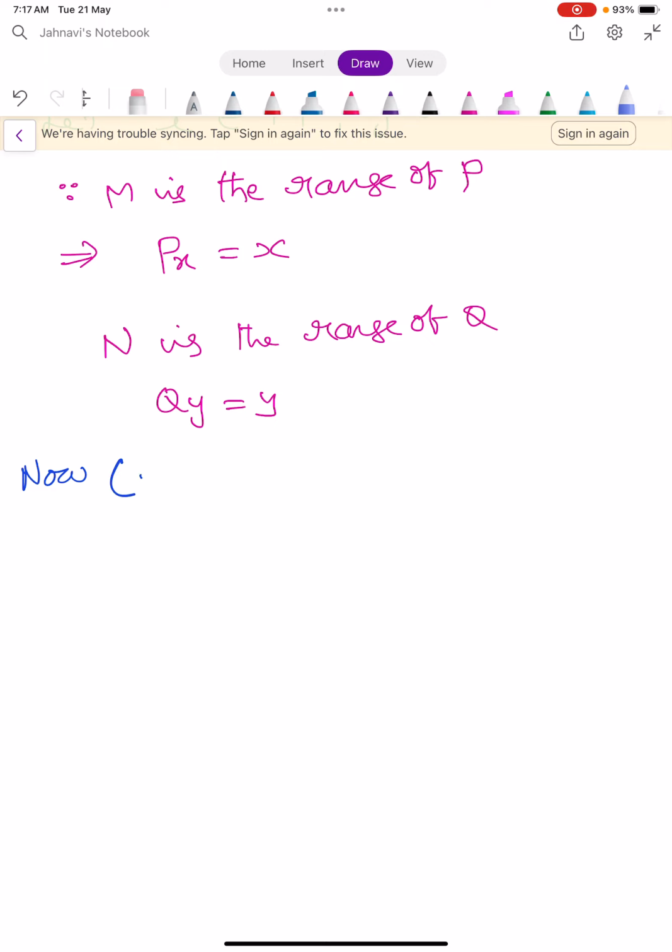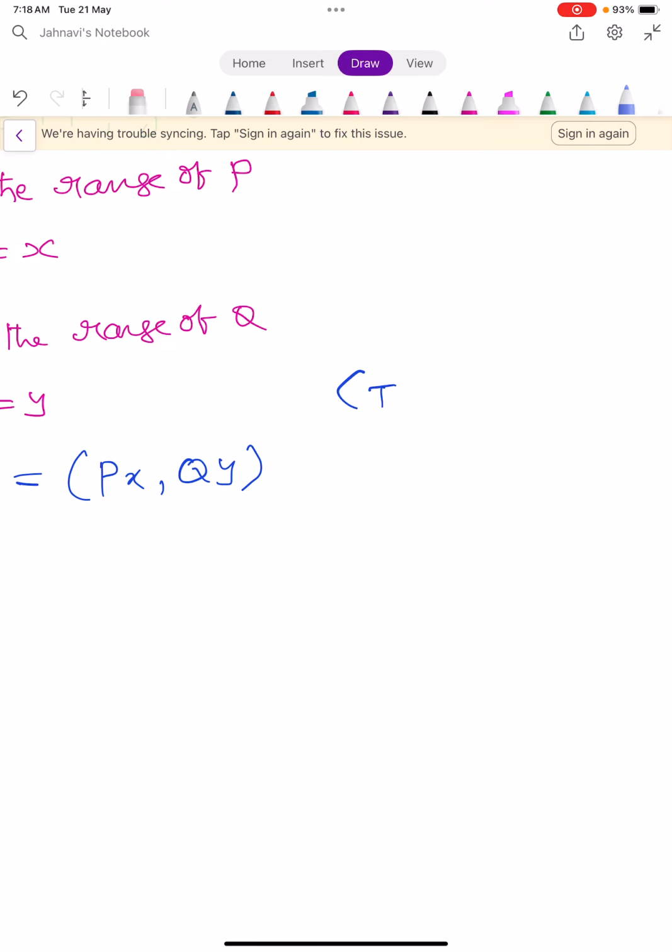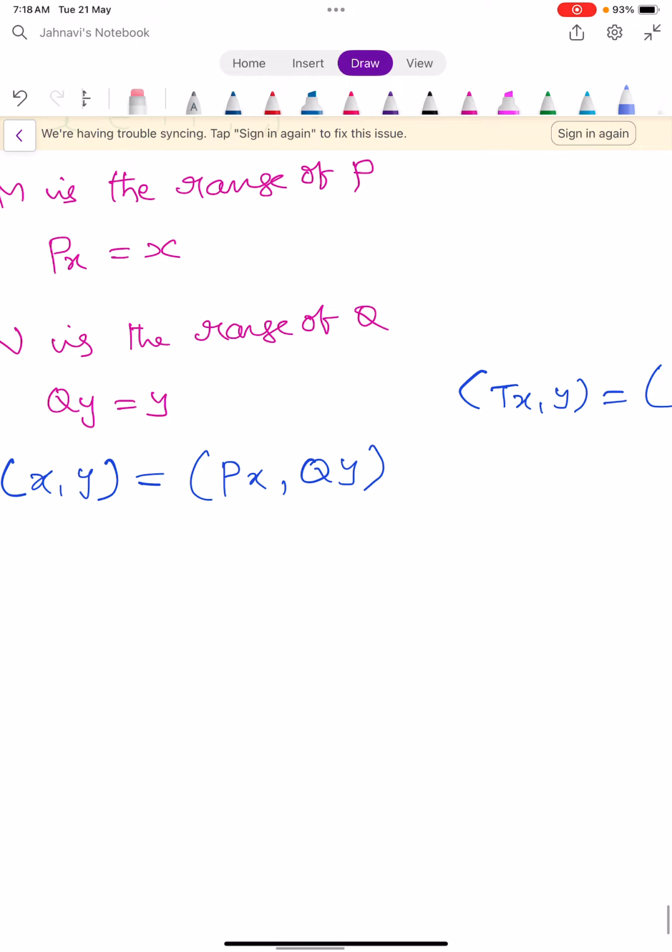Now the inner product of X comma Y is equal to the inner product of Px comma Qy. Already we learned some properties: the inner product of Tx comma Y is equal to the inner product of X comma T star Y. By applying that property here, it can be written as the inner product of X comma P star Q Y. P is a projection, so P star is equal to P. Then it is the inner product of X comma PQY.